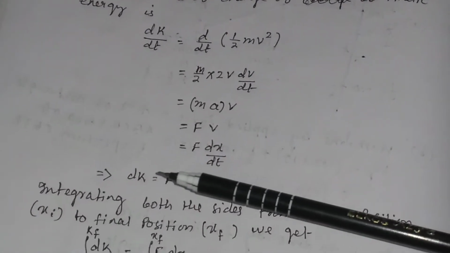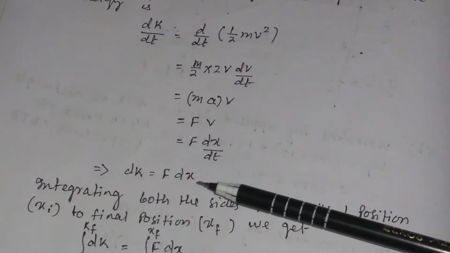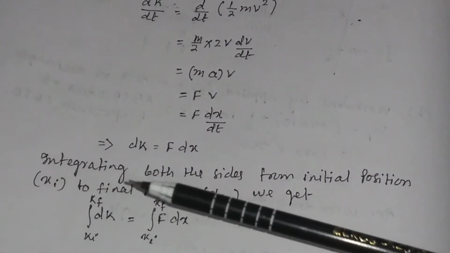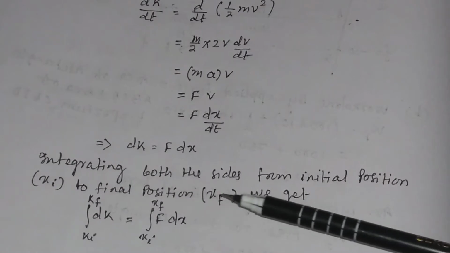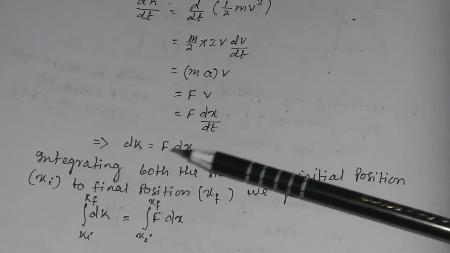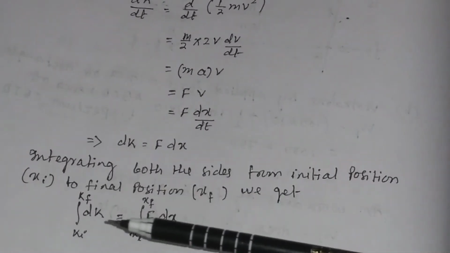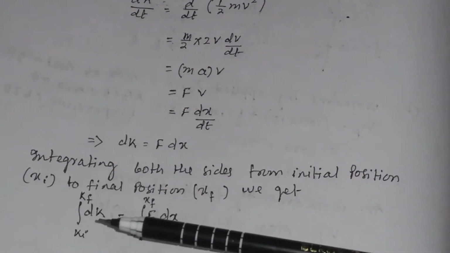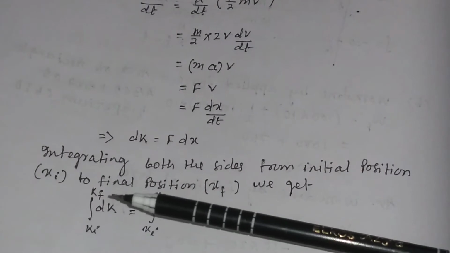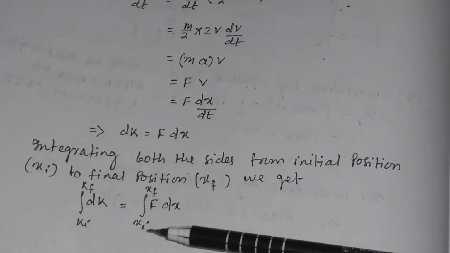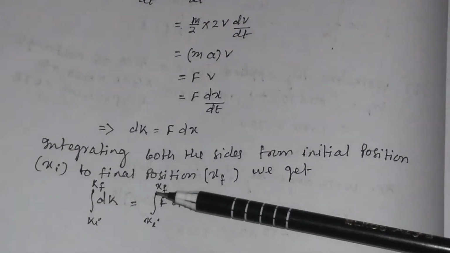So you can write dk is equal to f into dx, and integrating both sides from initial position xi to final position xf, we get integration of dk equal to integration of f dx, with dk from ki, the initial kinetic energy, to kf, the final kinetic energy, and dx from the initial value xi to the final value xf.